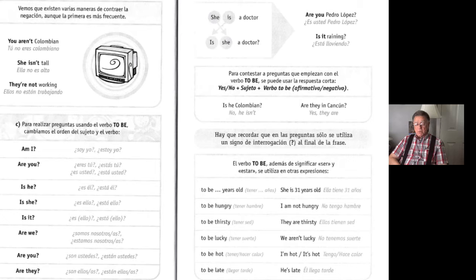Es solamente un verbo que tomará el lugar de dos verbos en el español.